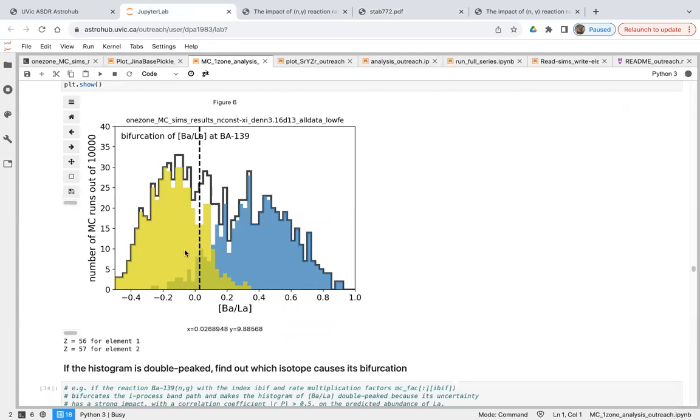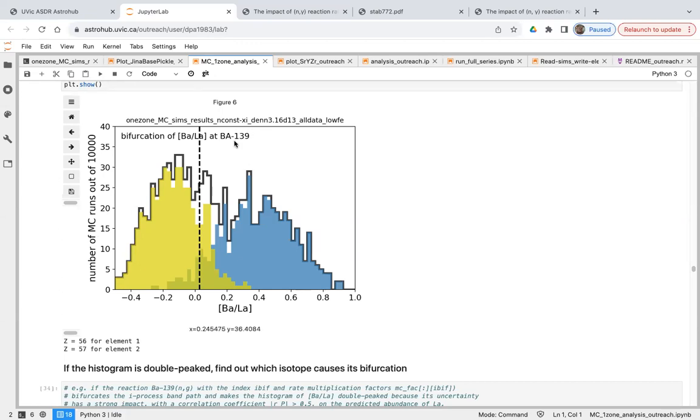So when we reveal such a bifurcation and we find the neutron capture reaction, in this case barium-139, that causes this bifurcation, then we can ask our colleagues, experimental physicists, to try to measure or constrain the rate of this neutron capture reaction, right?